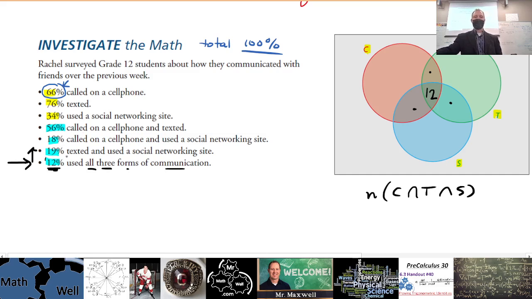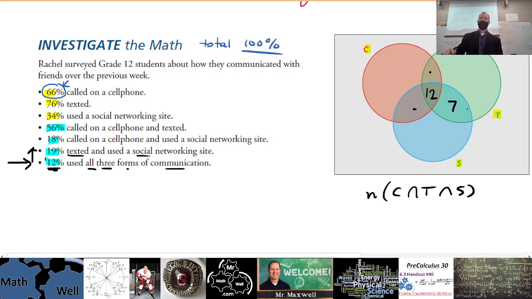19% texted and used social networking. So that's between T and S. This entire region right here is T and S. So I need to have a total of 19 in there. Notice that I already have 12 in this section. So how much needs to go in here? This is 7.